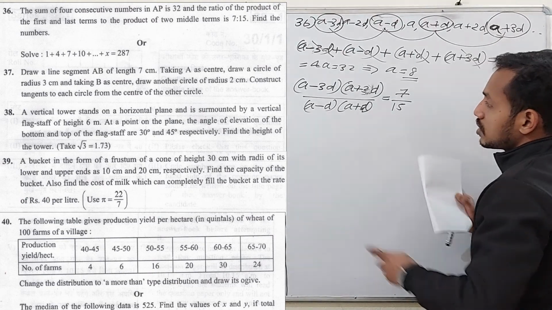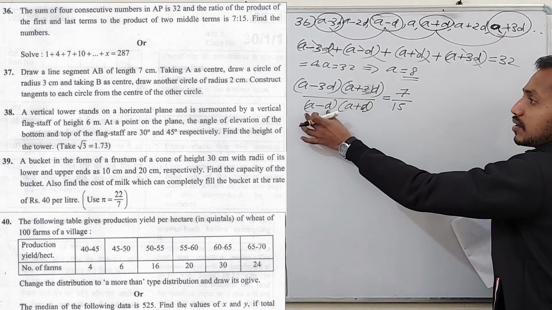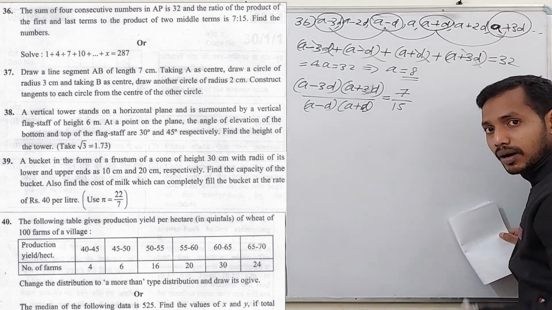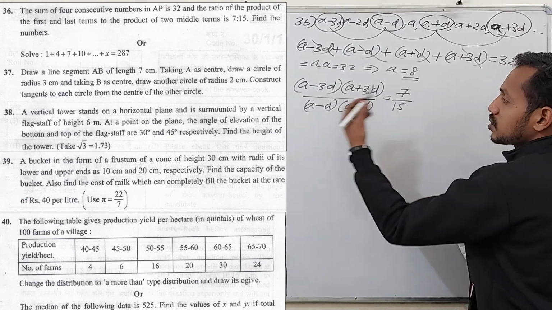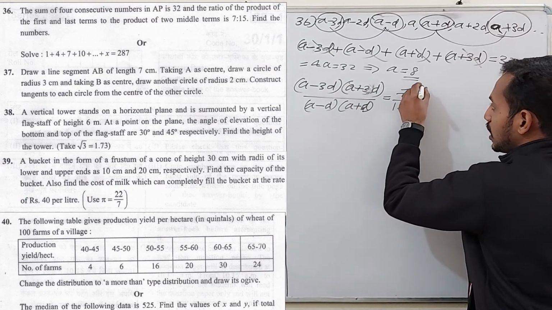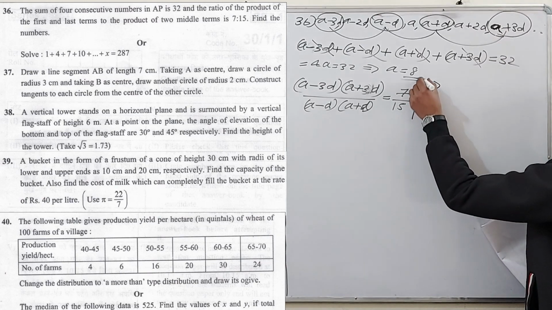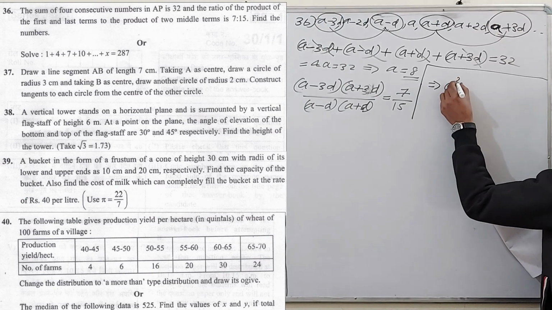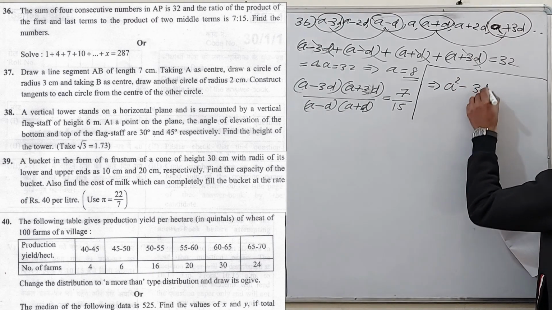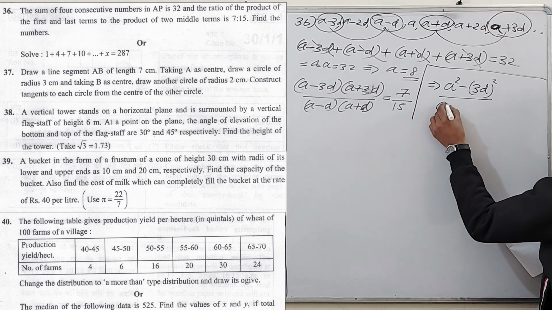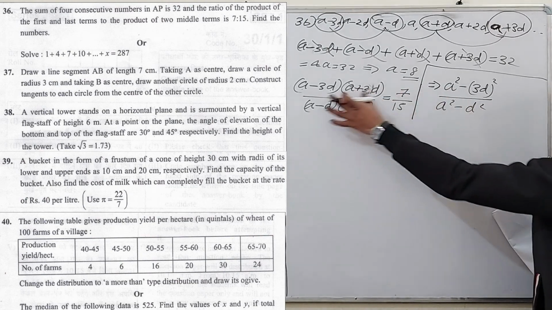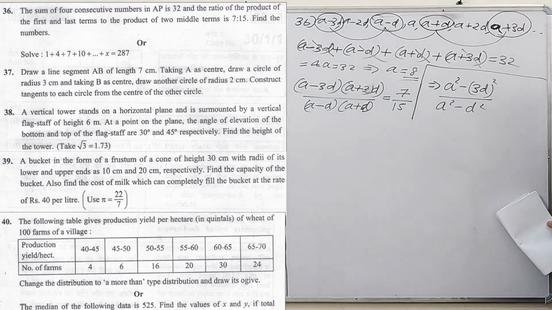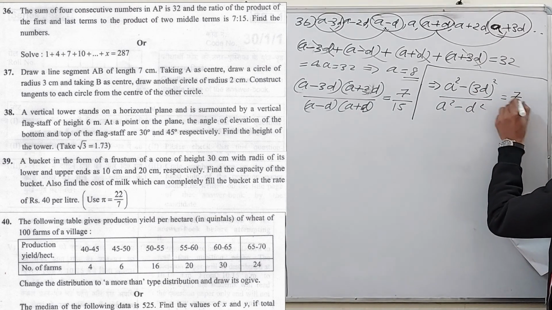Now both the numerator and denominator are of the form x minus y into x plus y, which is equal to x square minus y square. So just apply that identity. So we will get a square minus 3d whole square divided by a square minus d square, which is equal to 7 by 15.